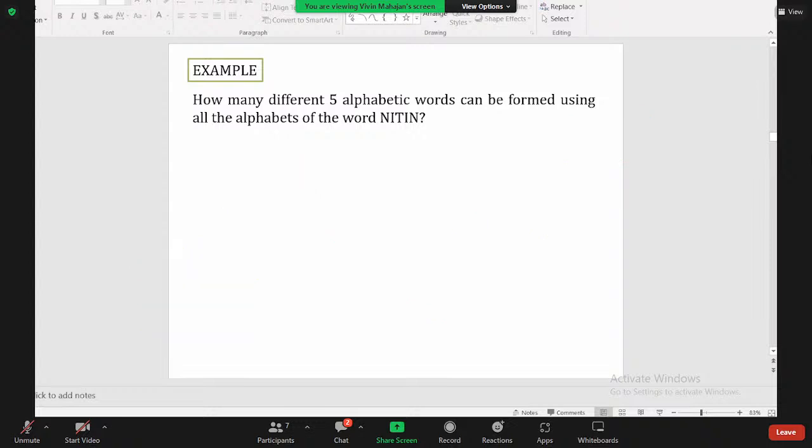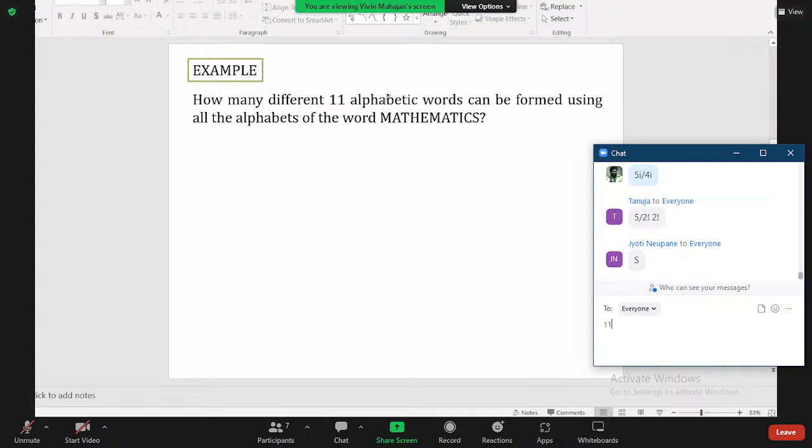Moving on to the next example. What will be the answer out here? We have 11 alphabets here for the word mathematics. What will be the answer? So simply no need to type.